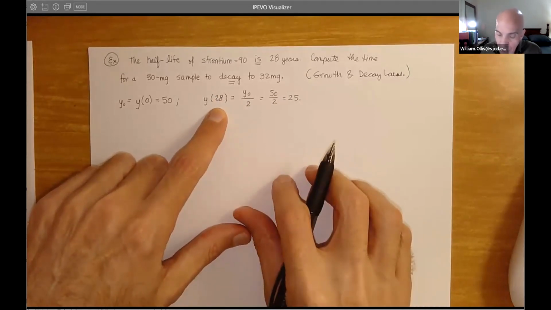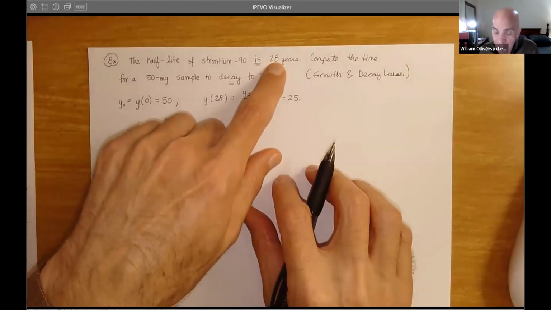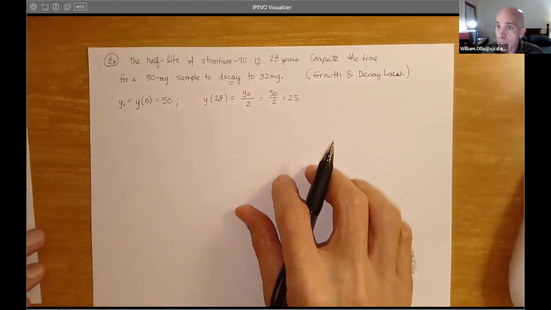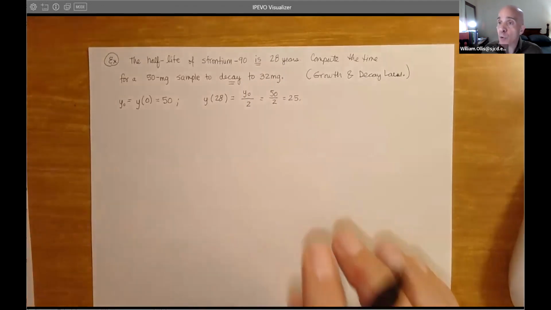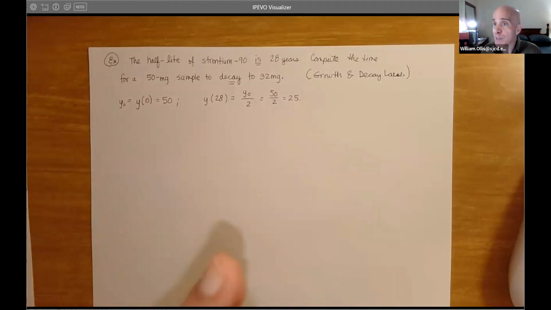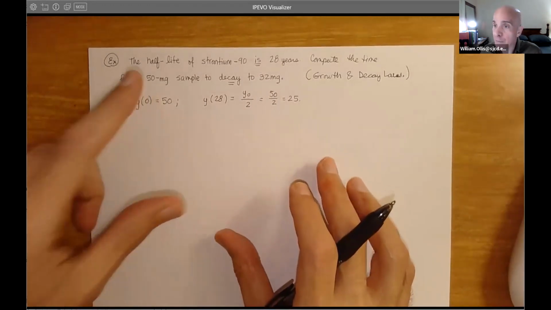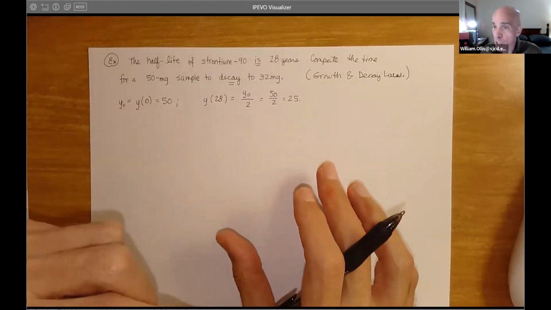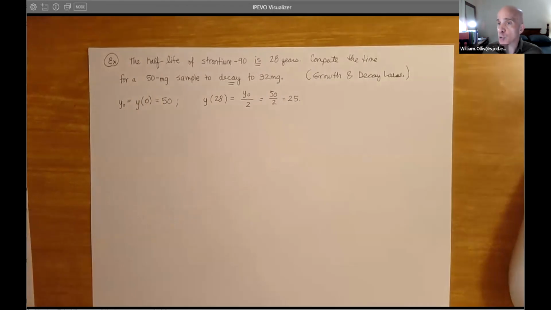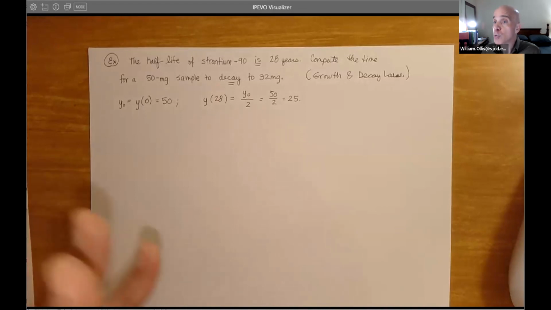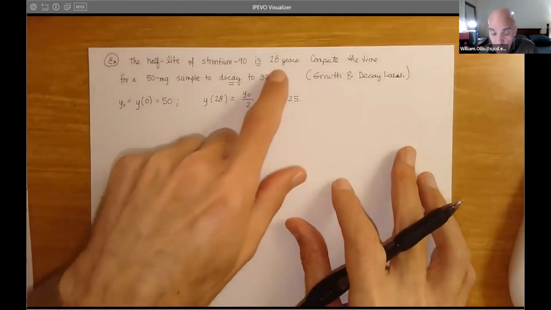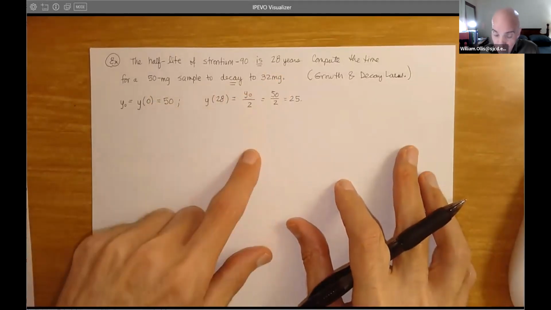What is the time for any sample to decay to half its initial amount? So if this were 100, then we would have 50. We have 50, so we're stuck with 25. So the half-life basically just describes the amount of time for half of the initial sample to decay. And so we have to use the given numbers in the problem.